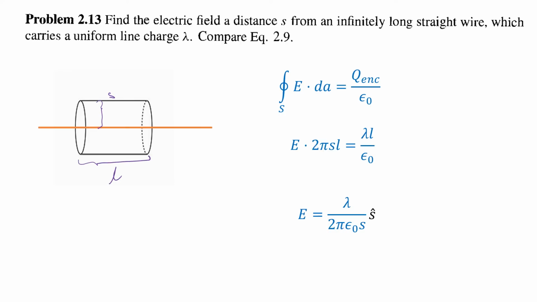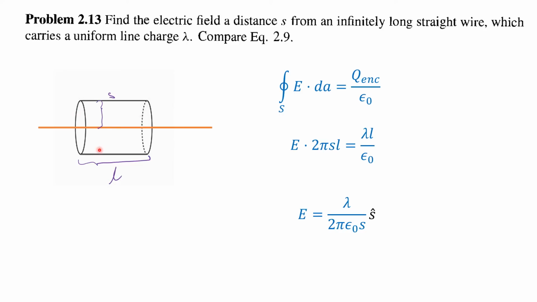Now we have to use Gauss's law to find the electric field. The integral form of Gauss's law is the integral over the surface of E dot dA equal to Q enclosed, the charge enclosed by the surface, divided by epsilon naught. Now if you integrate E dot dA, you will get the total area.